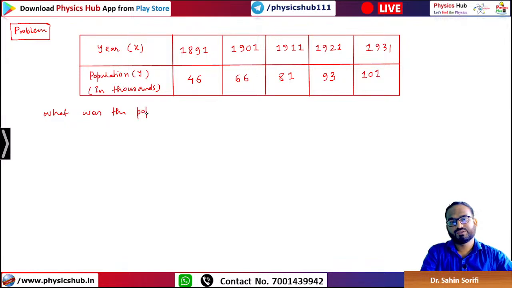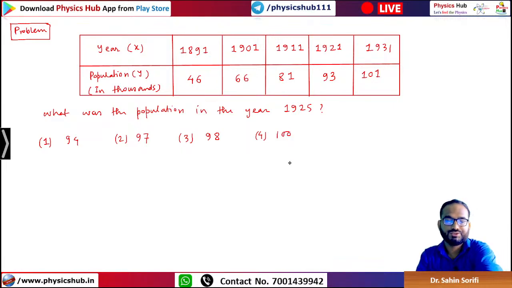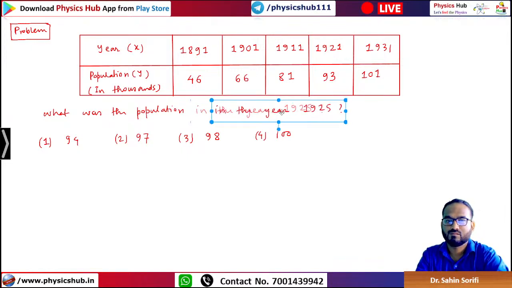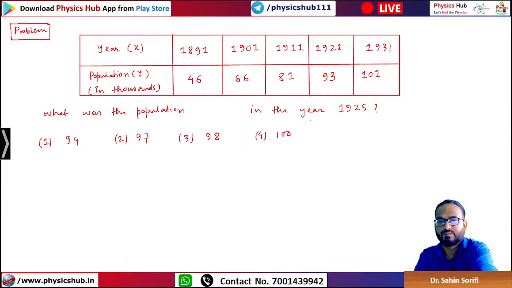What was the population in the year 1925? The given options are 94, 97, 98, 99 thousand. Acha, what was the population in the year 1920? In thousands.